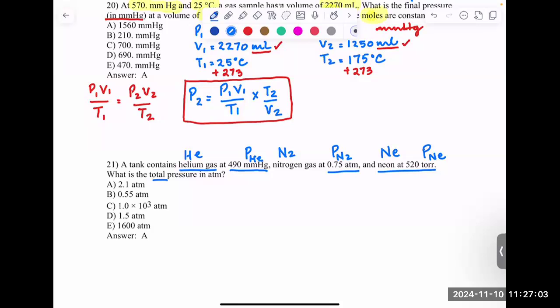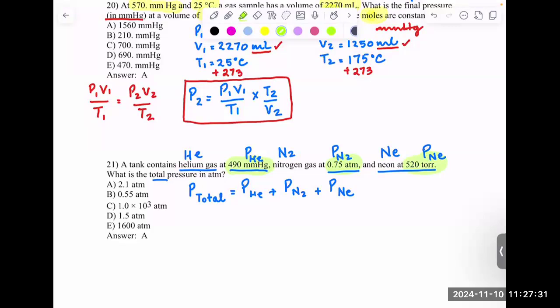Now here we are testing your formula, and we are also testing your conversions, whether you know how to convert them. So here, the pressure of helium plus the pressure of nitrogen, the partial pressures, plus the pressure of neon. But none of them have the same units. You see that? This unit, millimeters of mercury, this unit, atm, this unit, torr.